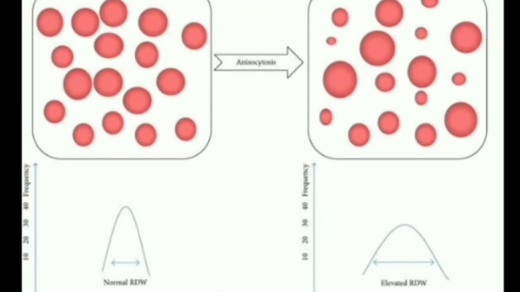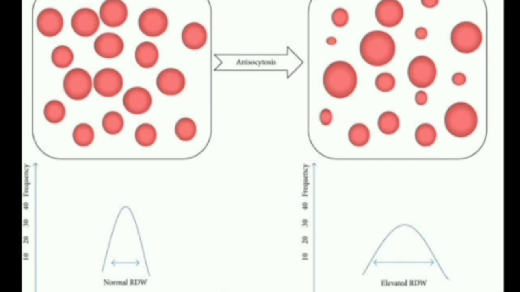RDW is one of the red blood cell indices reported on complete blood count, whereas anisocytosis is the peripheral blood smear finding of samples with high RDW. So we can say that high RDW and anisocytosis are in concordance with each other, as depicted on the right side.